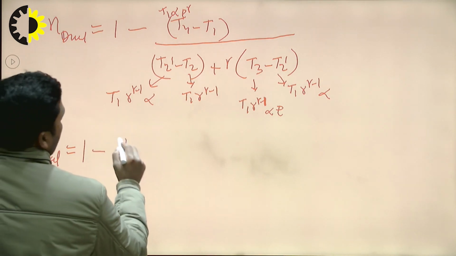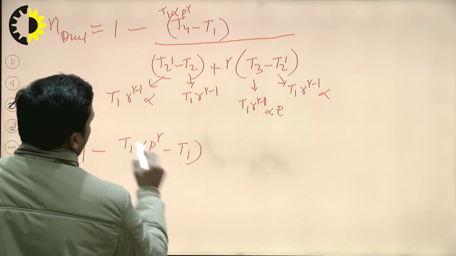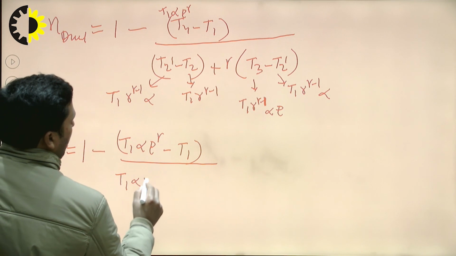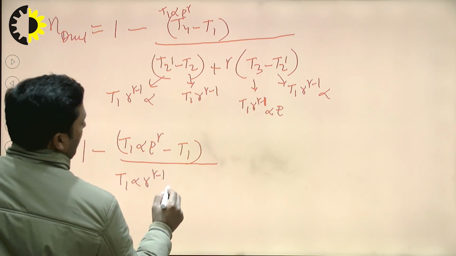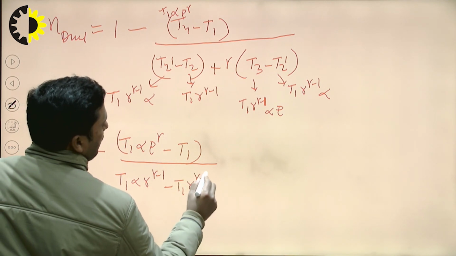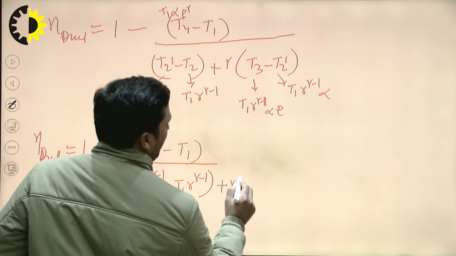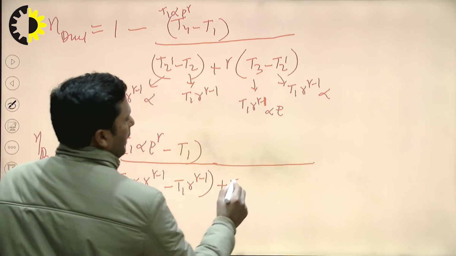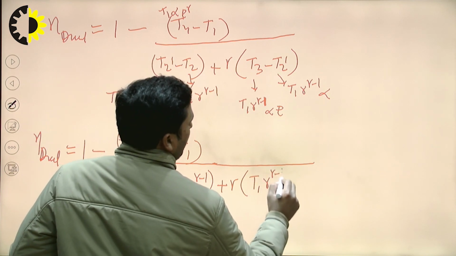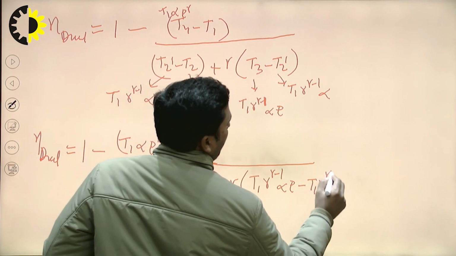the efficiency of the dual cycle will be equal to 1 minus (T1 alpha rho to the power gamma minus T1) upon (T1 alpha r to the power gamma minus 1 minus T1 r to the power gamma minus 1 plus gamma times (T1 r to the power gamma minus 1 alpha rho minus T1 r to the power gamma minus 1 alpha)).